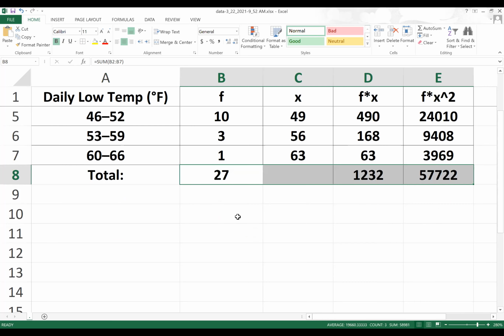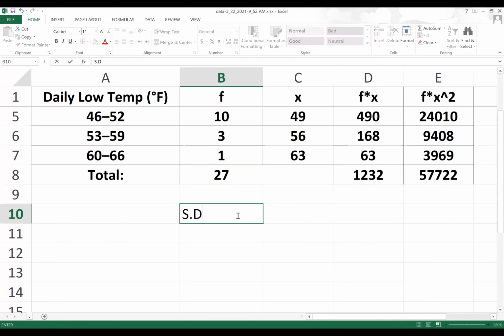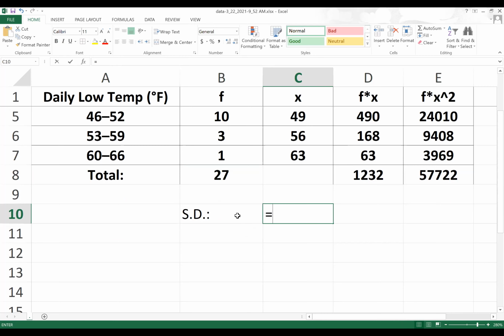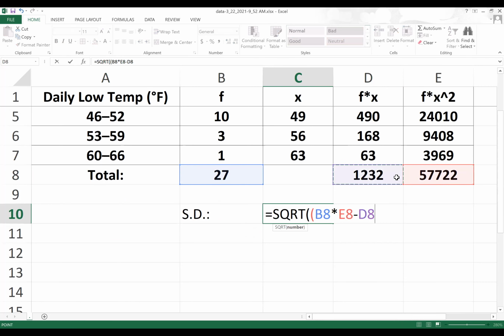So the standard deviation is equal to the square root, open parentheses for the numerator: total frequency, the sample size, times the total of frequency times midpoint square, minus the total of frequency times midpoint, squared, divided by the sample size times sample size minus 1.